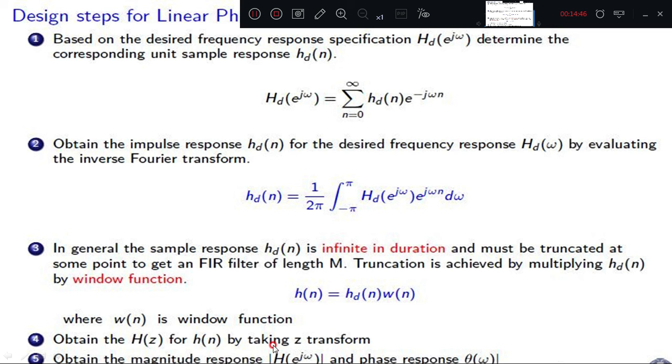Then you take the Fourier transform again, right? Then you will get H of e raised to j omega, and by substituting omega values you will get the sample values in the frequency response. So this is how we design the linear phase FIR filter. In the next video we will discuss how to design the FIR filter using different window functions. So that is very important from the examination point of view. Thank you.